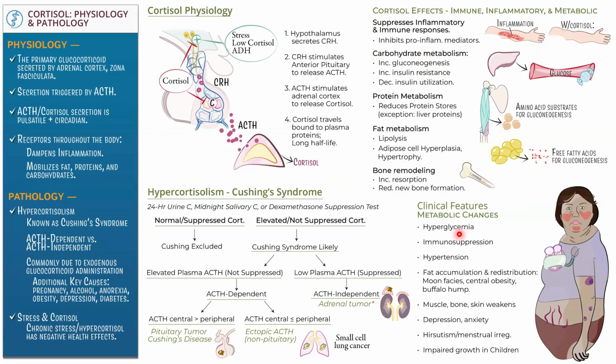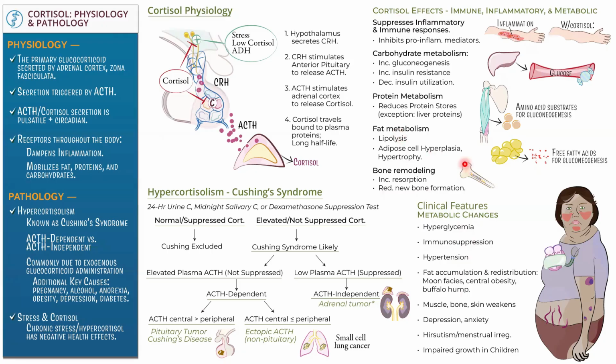So the person will have features of diabetes. Two, immunosuppression. Why? Because this cortisol suppresses immune responses. Three, the person will have hypertension, that is increased blood pressure, because of its effects on the cardiovascular system.